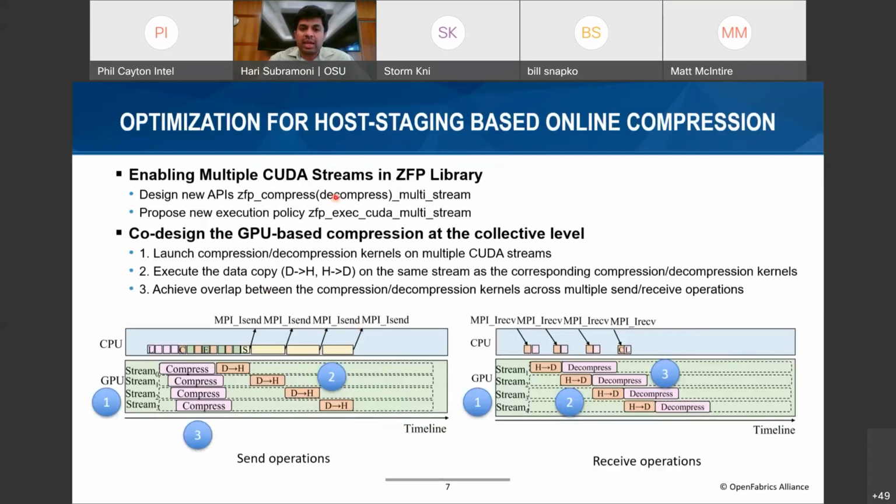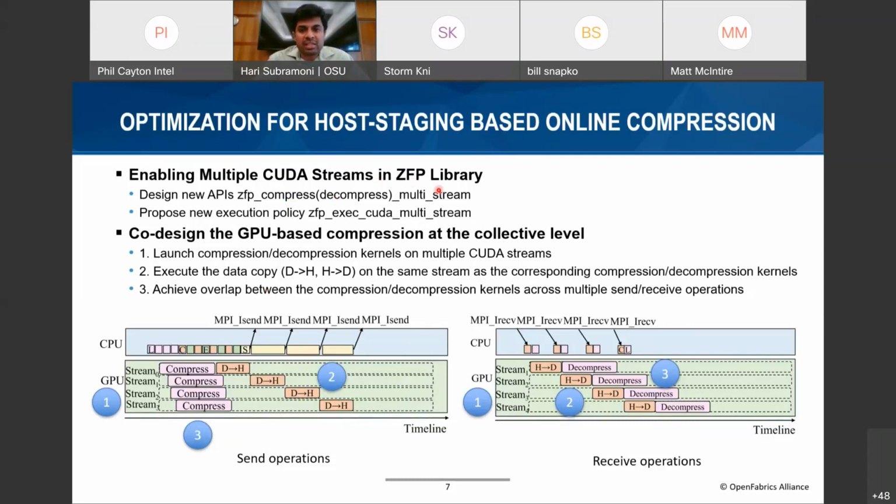We also enhanced the ZFP library. For this compression work, we used the GPU-based ZFP compression library from Lawrence Livermore National Labs. Unfortunately, the ZFP compression library only used a single stream. And as we all know, when we use GPUs, the streams more or less serialize the operations, leading to ineffective use of overall capabilities.